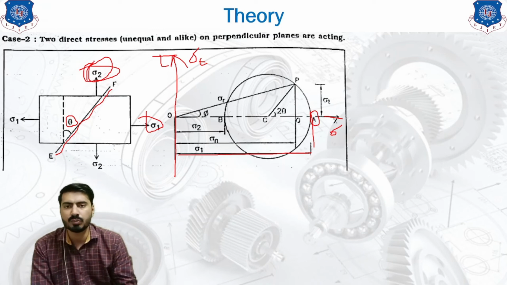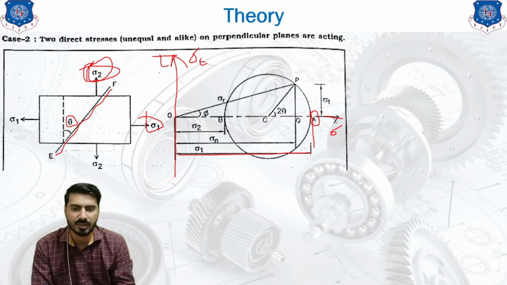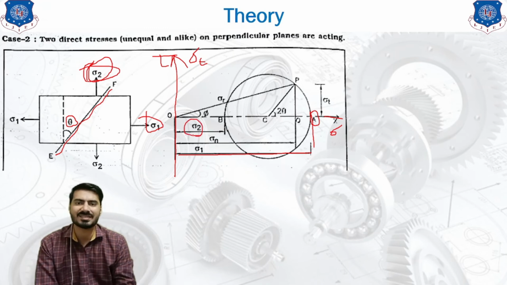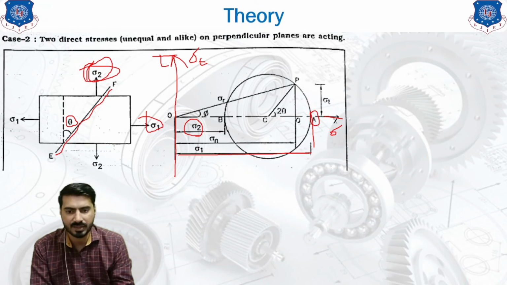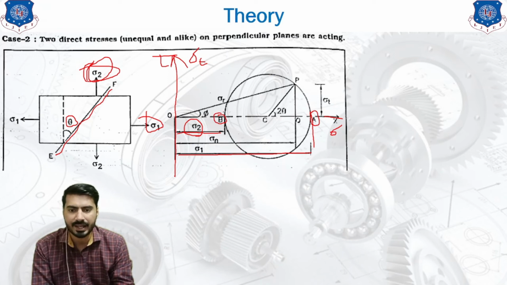Sigma 1 and sigma 2 are both of tensile nature, that's why we will represent sigma 2 on the right side only. But the value of sigma 2 is less than sigma 1, that's why this length is shorter as compared to sigma 1. So we will plot point B over here. We have plotted 2 points until now, A and B.